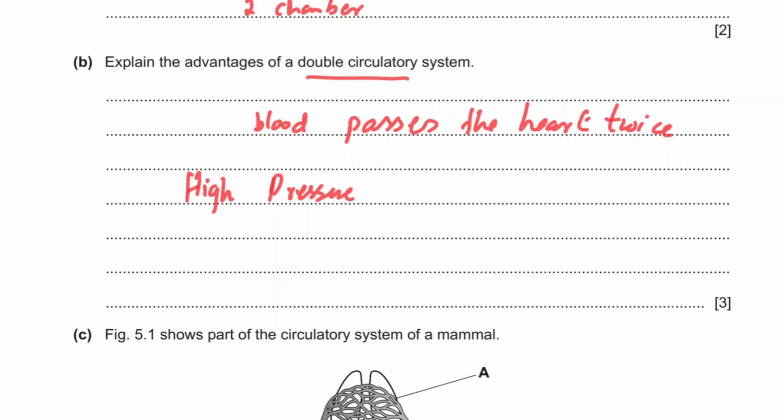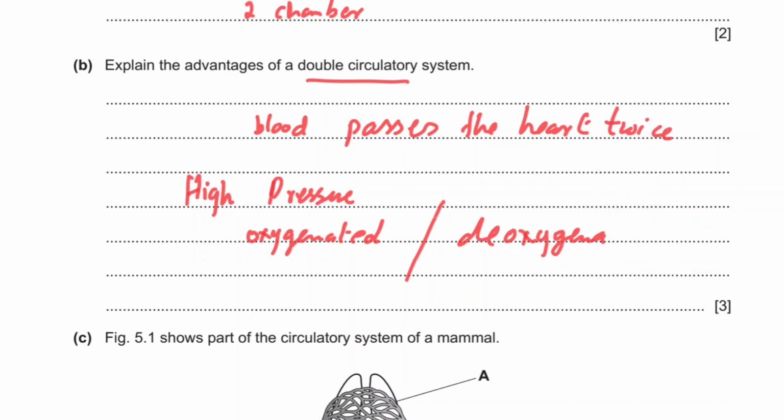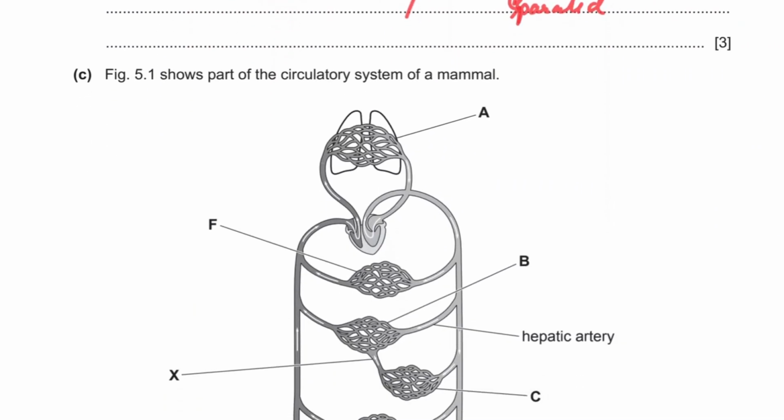So high pressure is maintained, and oxygenated and deoxygenated blood are separated. This is the way double circulation is important.